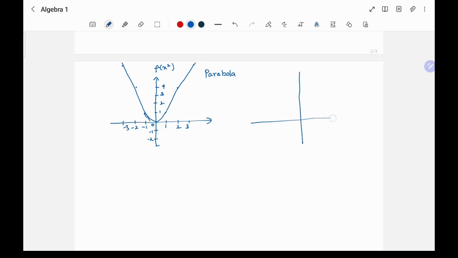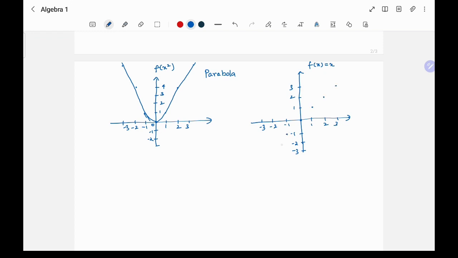And then we have f of x equal to x. So 1, 2, 3, minus 1, minus 2, minus 3. We have 0 comma 0 here also, right? And 1 comma 1, 2 comma 2, 3 comma 3.